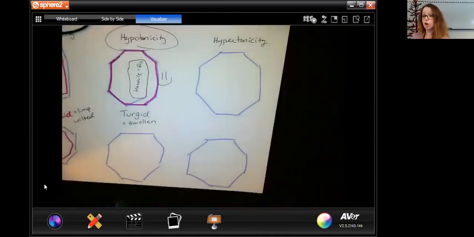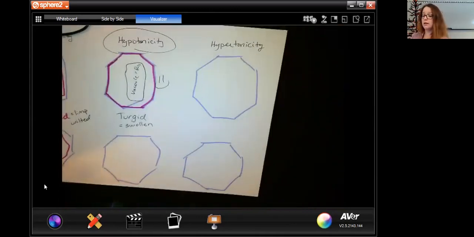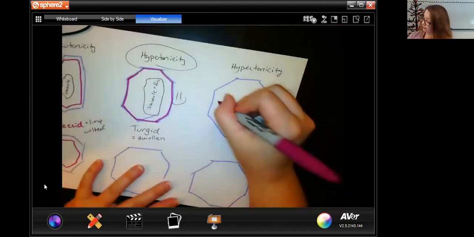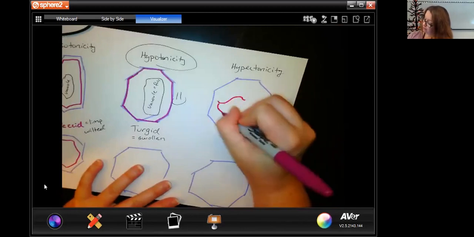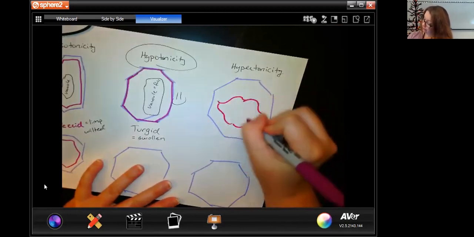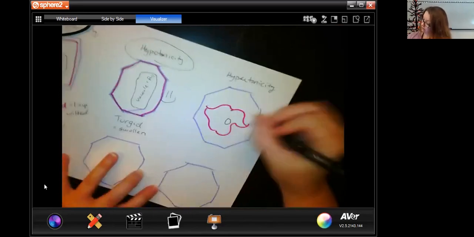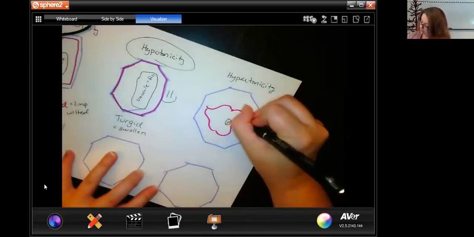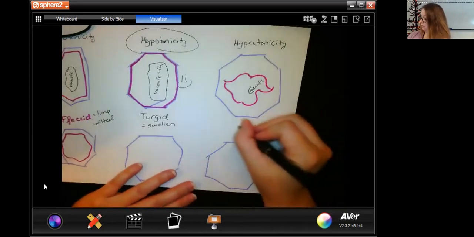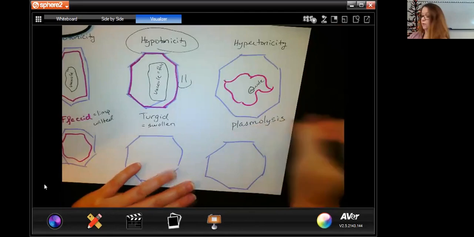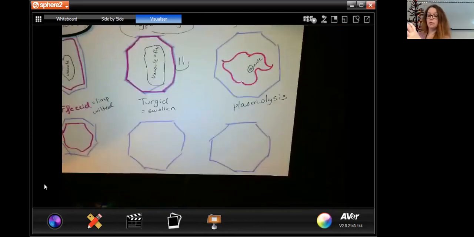Finally, hypertonicity. The same thing happens as happens to an animal cell. We crenate, but we don't call it crenation when it's a plant cell. We call it plasmolysis. The cell membrane shrinks all the way in, so there's no water left in the cytoplasm.